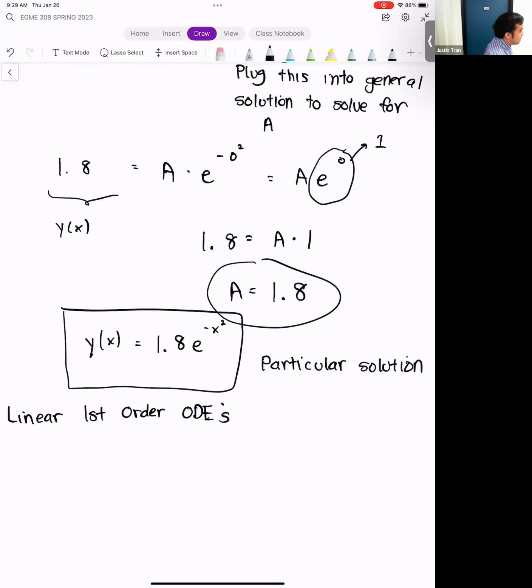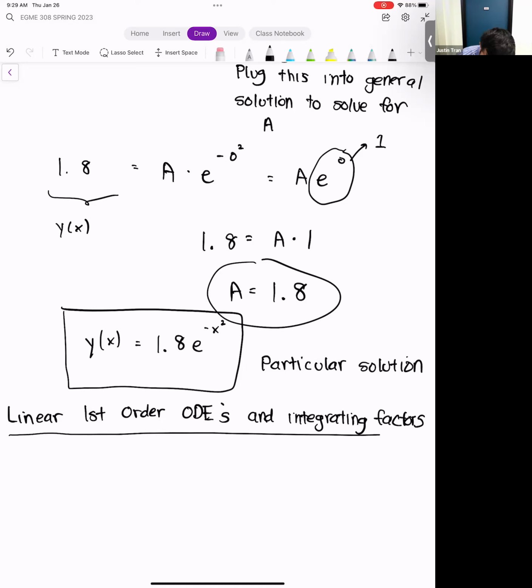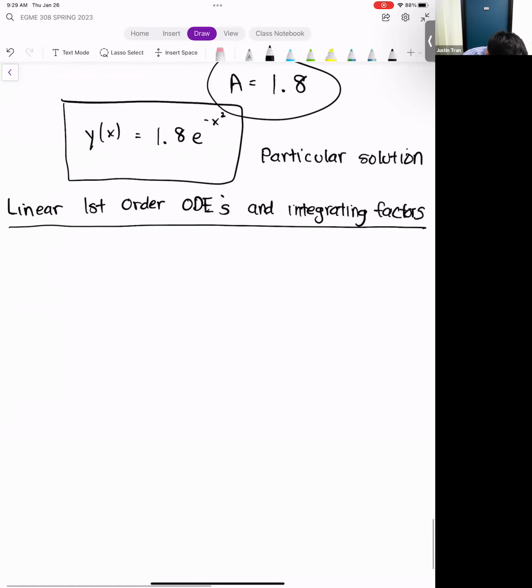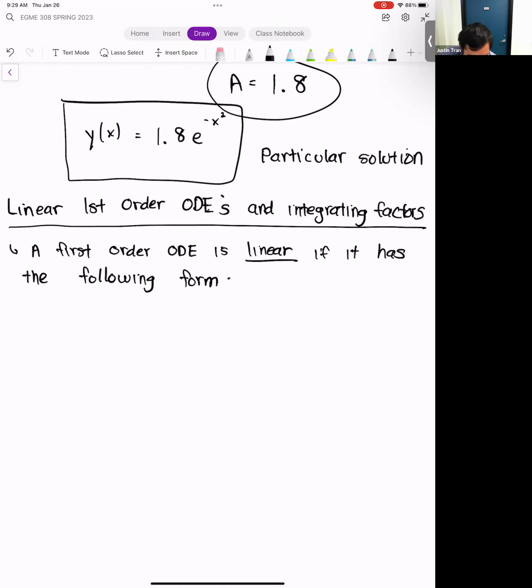And the way that we usually solve these is integrating factors. All right. And so first, let's define what it means for a differential equation to be linear.